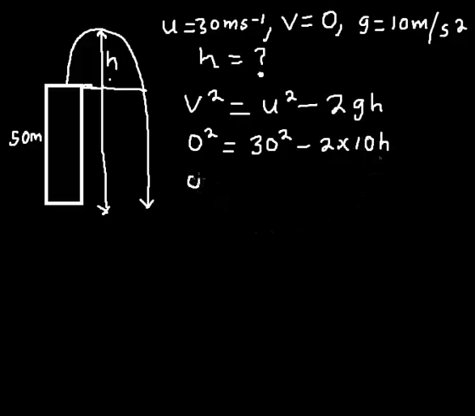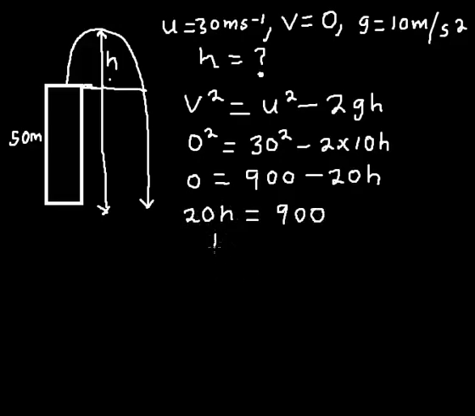It's going to be 0, 30 square is 900, minus 20h. Rearranging the equation, 20h is going to be equal to 900. So to get my h, I'm going to have 900 divided by 20, which of course gives me 45 meters. 45 meters is small letter h.